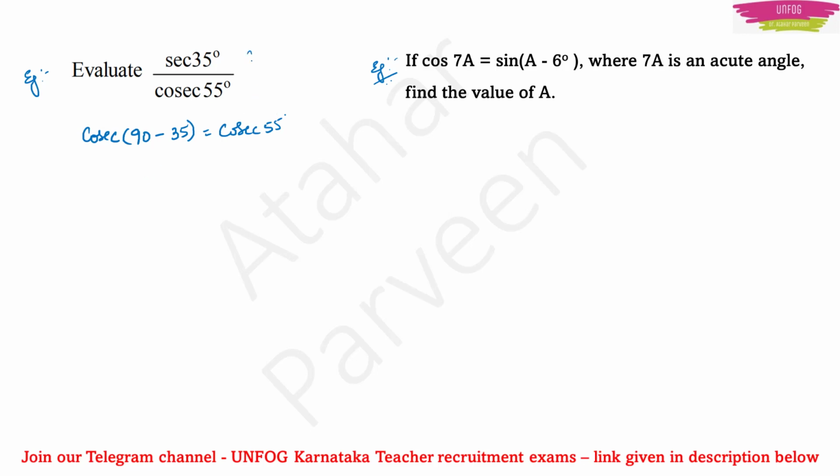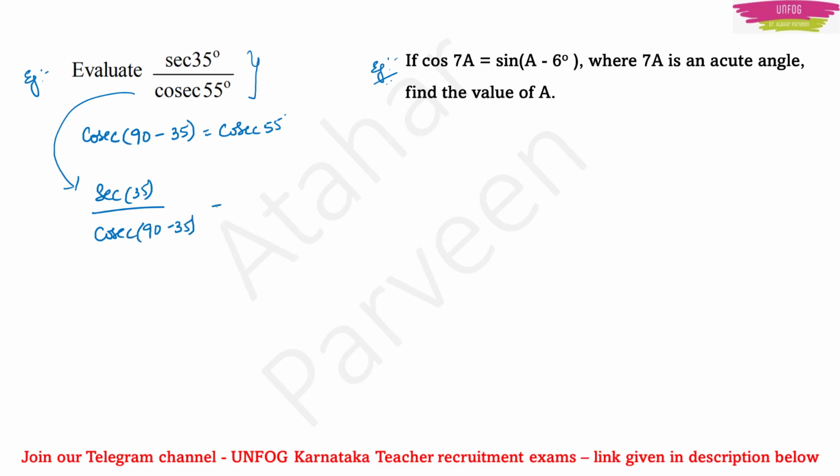So my aim is to make things simple. If the same things are in the numerator and denominator, I can cancel. So I will do it like that. I can write this as secant 35 in the numerator, which I will not change. In the denominator, in place of cosecant 55, I will write cosecant of 90 minus 35.